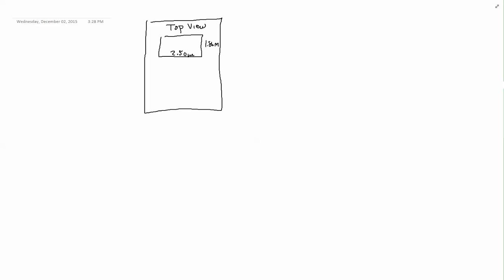And let's calculate the length. So we take K, the length on the drawing equals K times the actual length. So our length on our drawing is going to equal 3 over 40 times 2.50 meters.